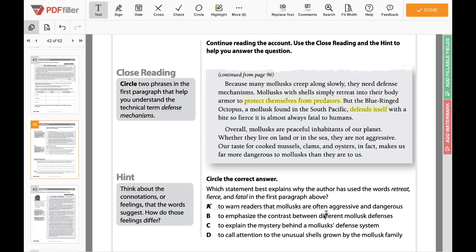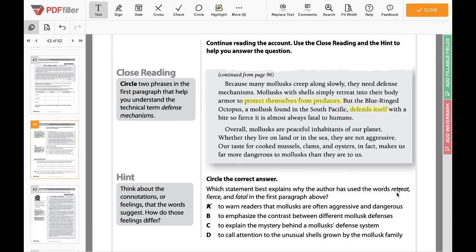So the next one says to emphasize the contrast between different mollusk defenses. Okay, well, she is sort of talking about the different types of mollusk because she says the blue ring mollusk defends itself with a bite that's fatal, whereas the other ones just retreat into their shells. So that's a possible answer.